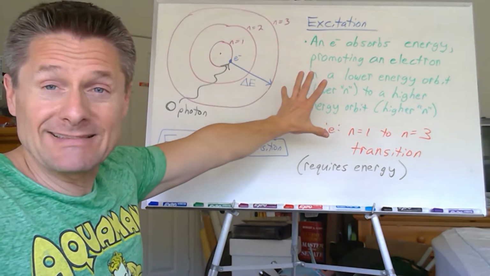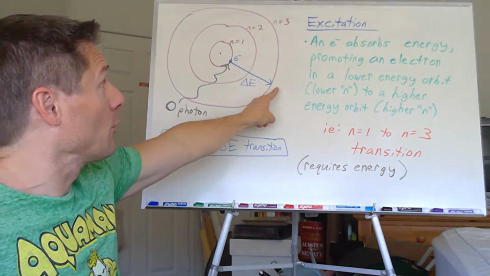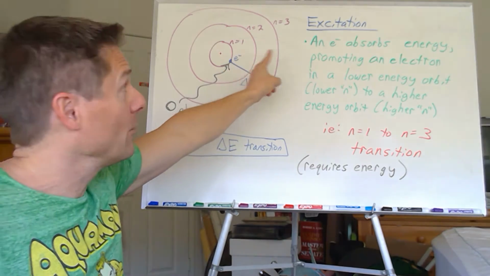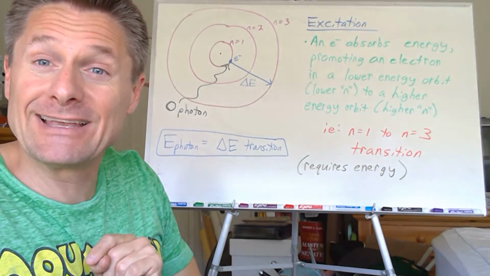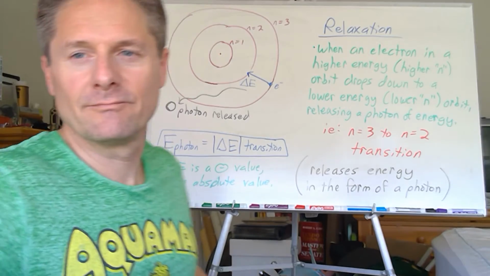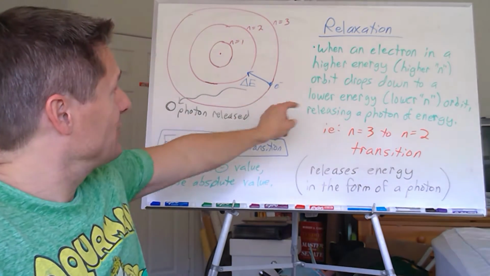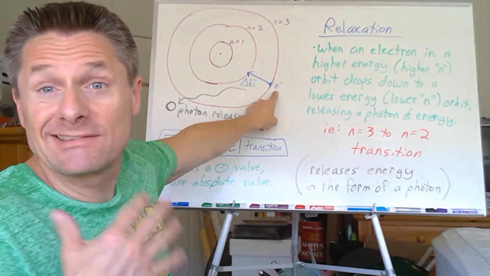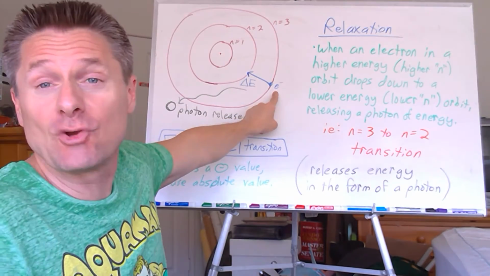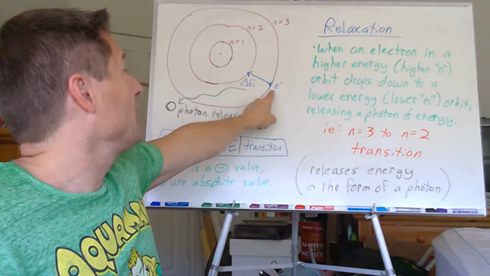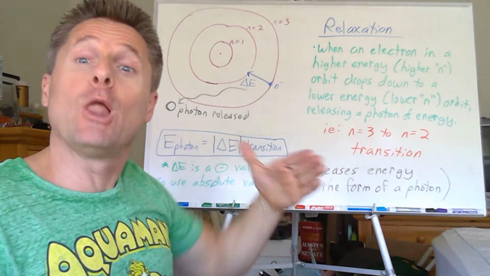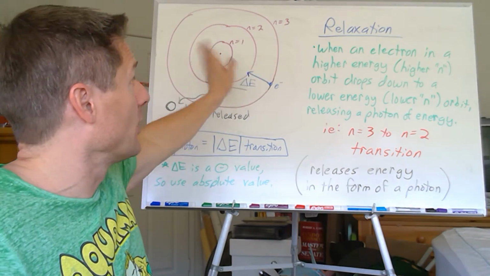So we'll do the exact same thing on another board, but the electron will go from a higher orbit to a lower orbit. We call that relaxation. Let's draw that. So for the opposite process, relaxation, let's say we're starting with the electron in some higher energy orbit, we'll say n equals 3. And it drops down to a lower energy orbit, let's say n equals 2 or 1 or whatever.